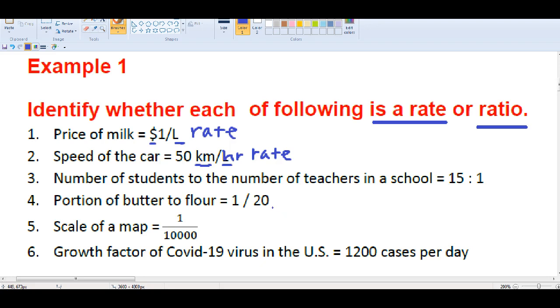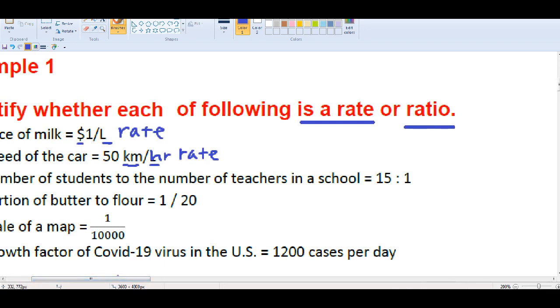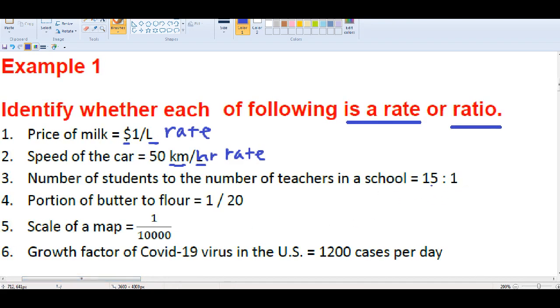Do you see any units here? No, because both the number of students and the number of teachers are the same type: they are both numbers of things. So it's 15 to 1. That's one way to write a ratio: you just write 15 and 1. That's one way to express it, so it's a ratio.